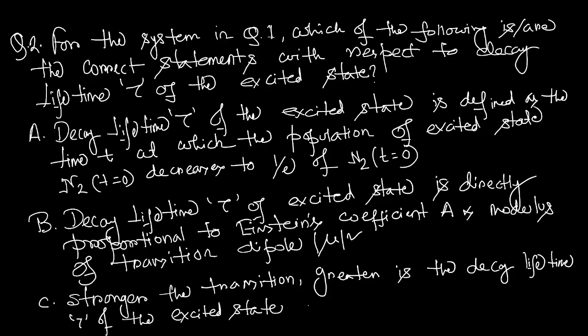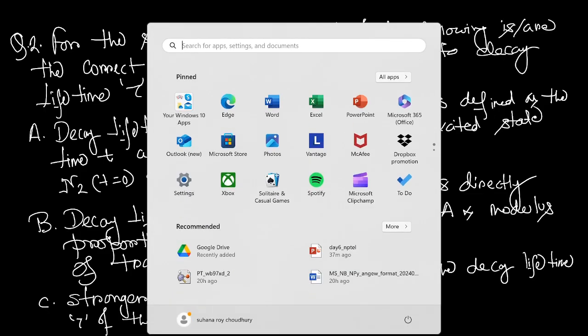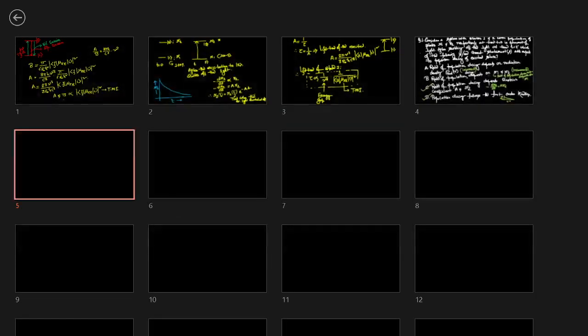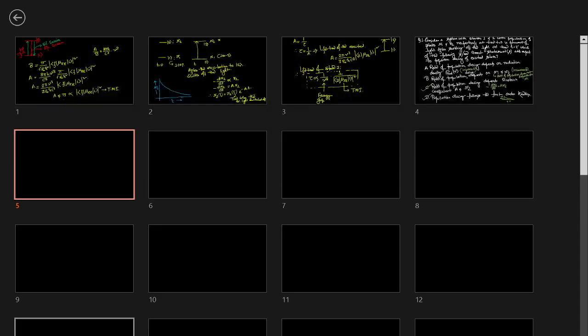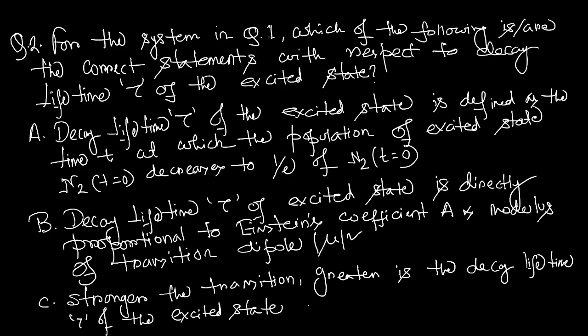As we see, the decay of the excited state follows first order kinetics. So we can tell, from our knowledge of chemical kinetics or from a mathematical derivation, that the lifetime of the excited state is defined as the time at which the population of the excited state n2 decreases to 1/e of its initial value, which is straightforward. That is the correct one.